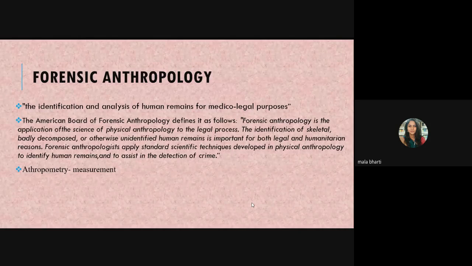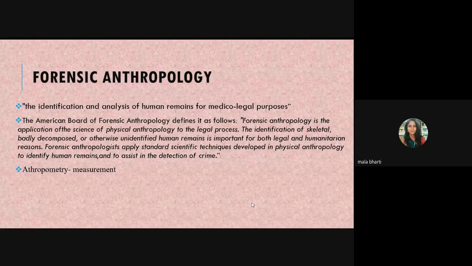The American Board of Forensic Anthropology defines it as the application of the science of physical anthropology to the legal processes. Identification of skeletal, badly decomposed, or otherwise unidentified human remains is important for both legal and humanitarian reasons.